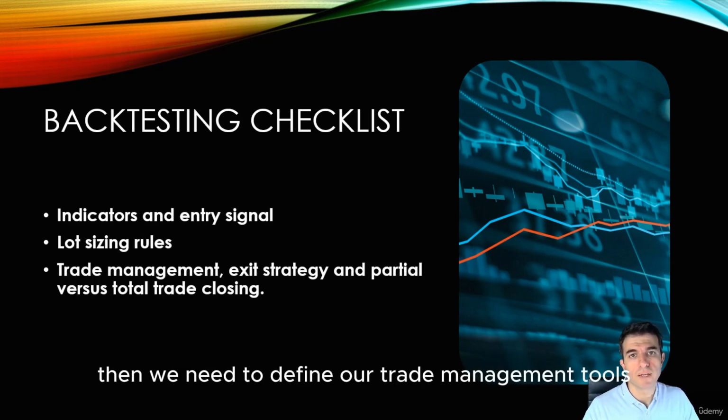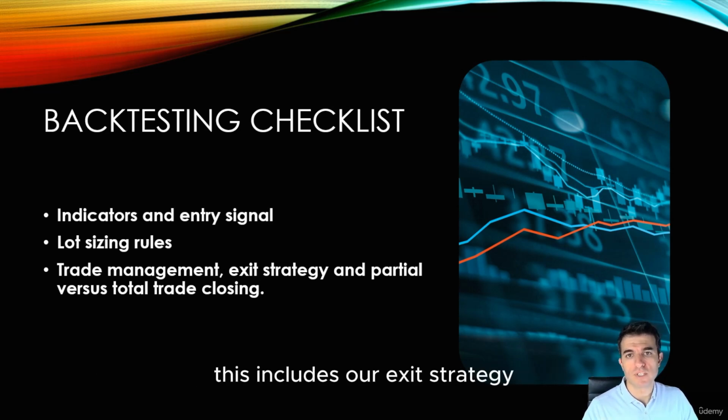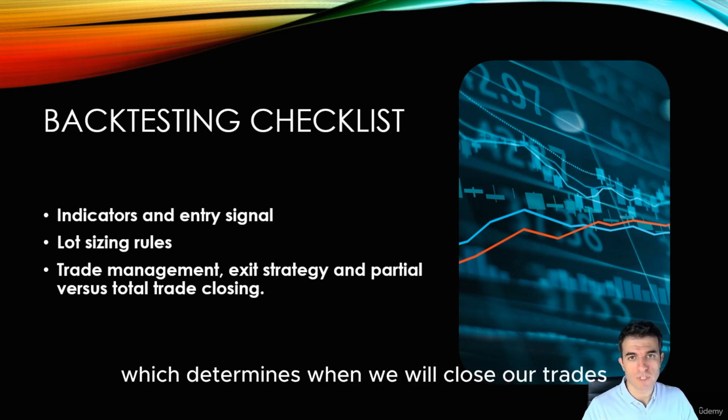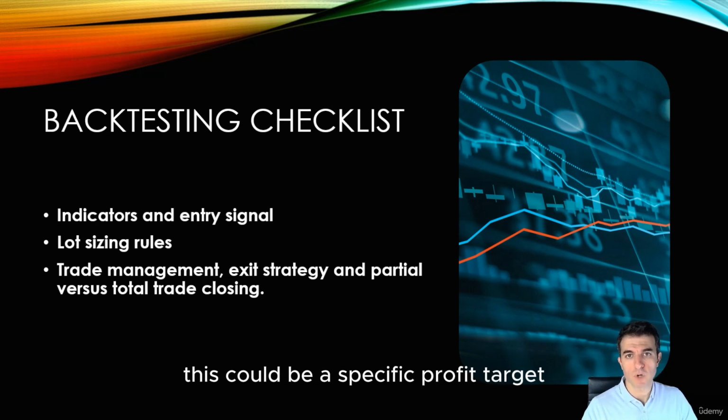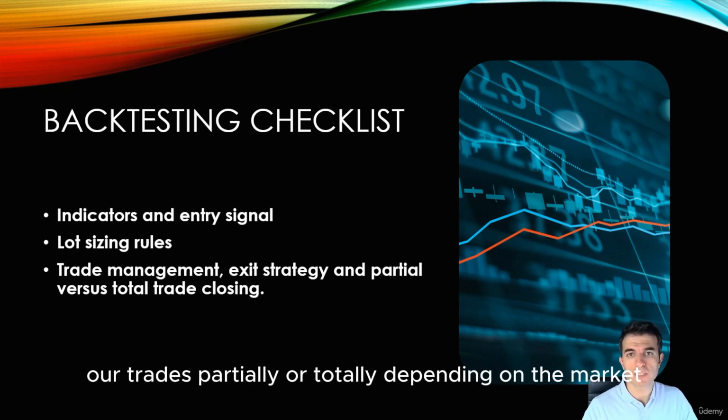Then we need to define our trade management rules. This includes our exit strategy, which determines when we will close our trades. This could be a specific profit target, a specific stop loss level, or a specific signal from our indicators. We also need to decide whether we will close our trades partially or totally depending on the market.